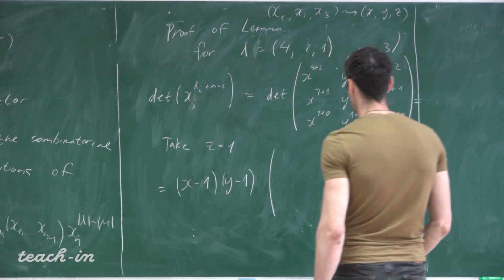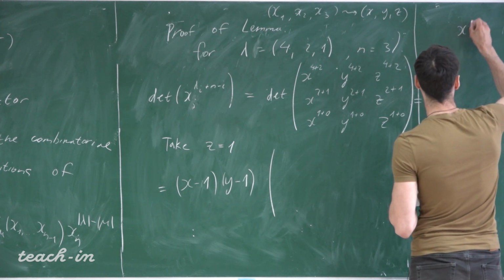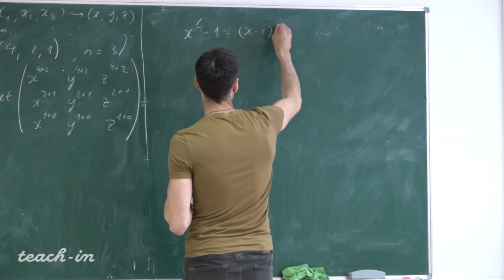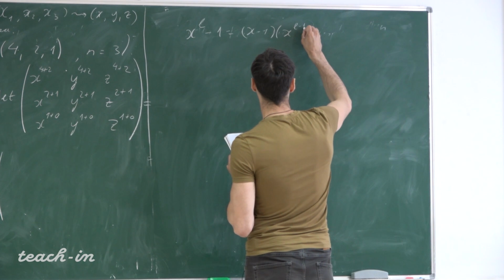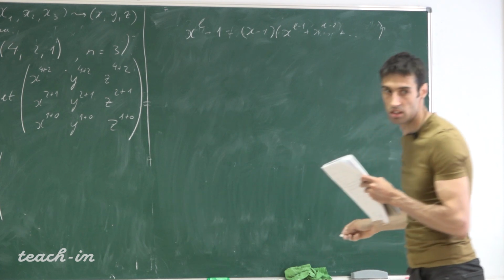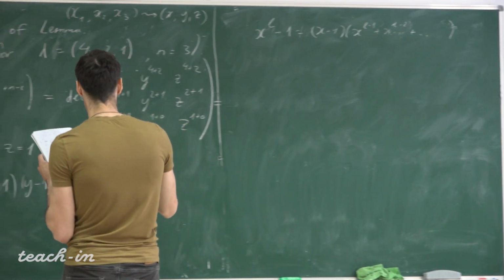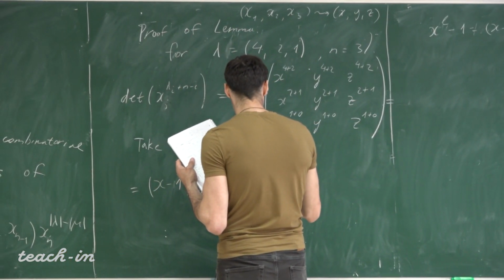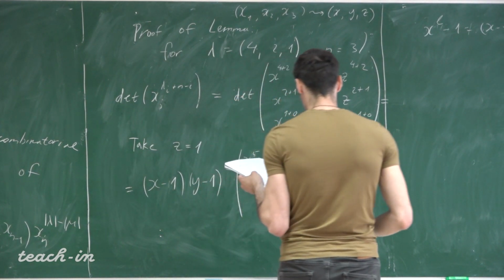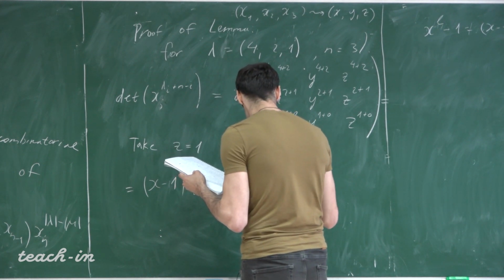What's left? The general formula: x to the L minus 1 is x minus 1 times x to the L minus 1 plus x to the L minus 2, and so on. So we use it here, and I will have x to the 5 plus x to the 4 plus, and so on, plus 1. Here I will have x squared plus x plus 1.